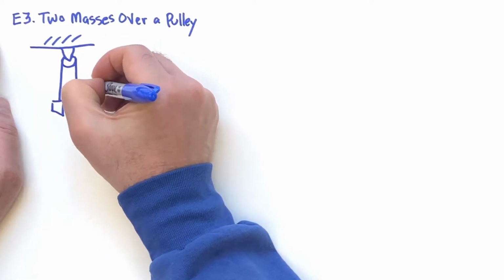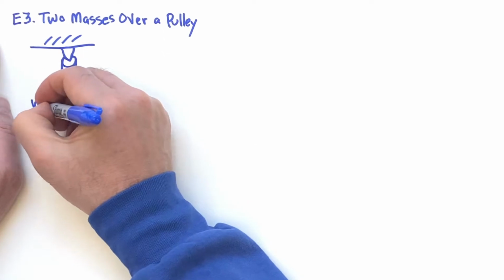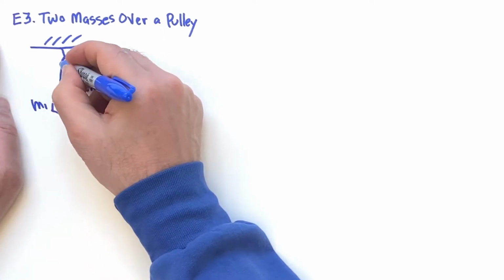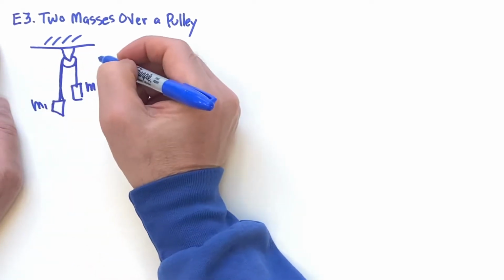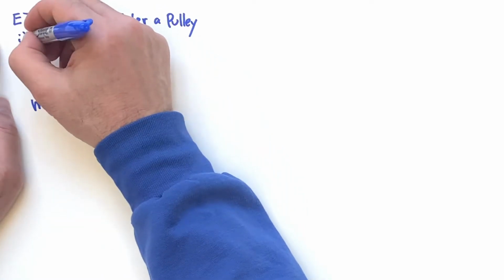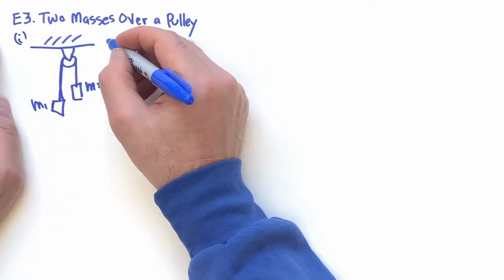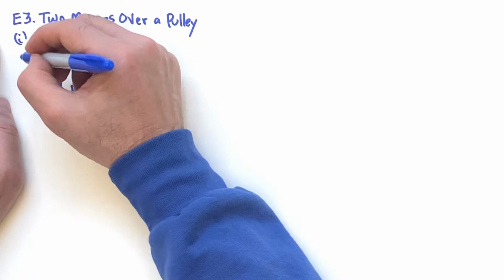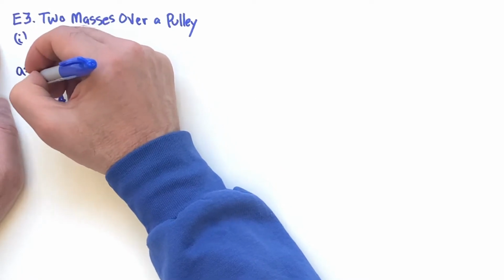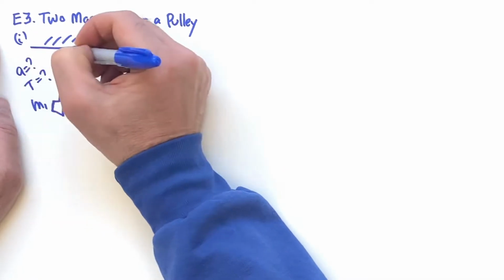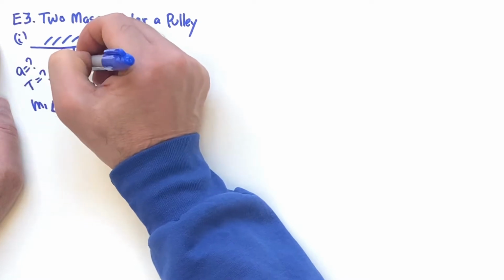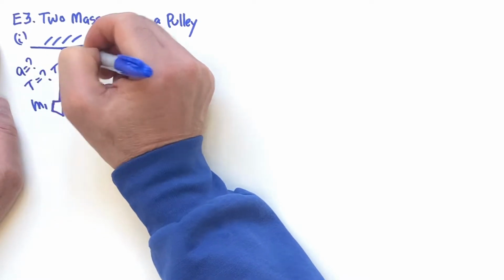So you have M2 and you have M1. This is straight down, just hanging. So that's our sketch, and you're asked to find the acceleration and the tension T in the rope.